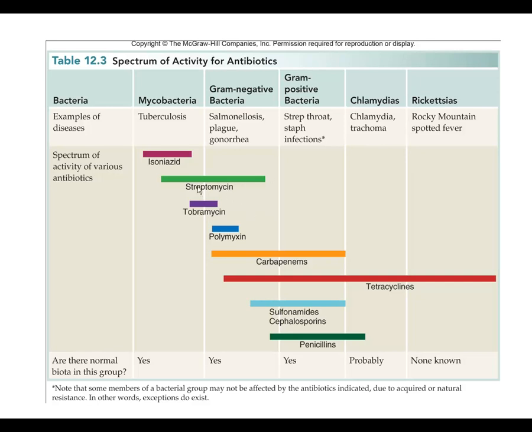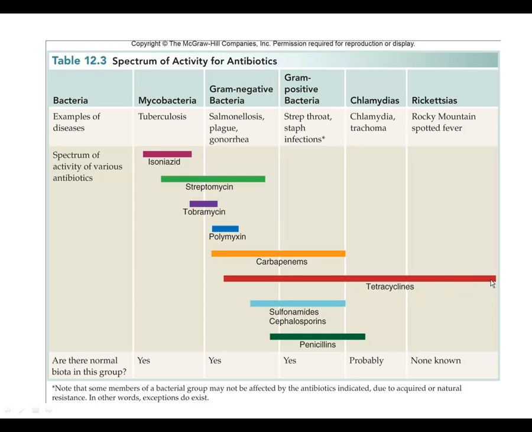Carbapenems are going to be those drugs that are pretty broad spectrum. You'll notice that isoniazid is narrow spectrum, streptomycin is relatively broad spectrum, tobramycin is relatively broad spectrum, and polymyxin is narrow spectrum. These carbapenems are very broad spectrum. They're going to cover both gram-positive and gram-negative. If we look at the tetracyclines, we're going to see they cover a whole multitude of sins.